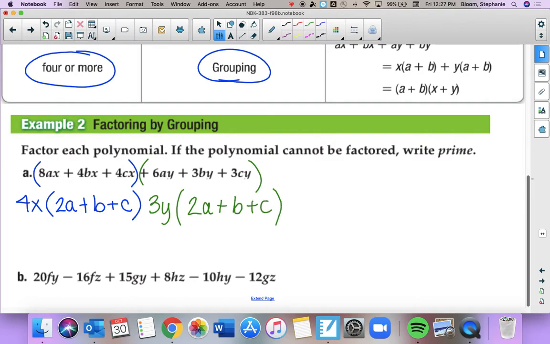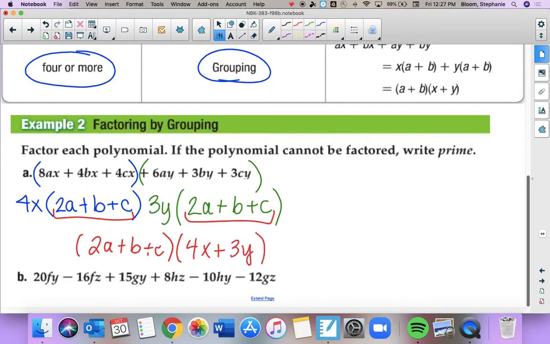Good. Do my parentheses match? Since they do, I bring that down, and then what's left over goes inside the parentheses, 4x plus 3y. And if I can't factor any further, then I'm done.